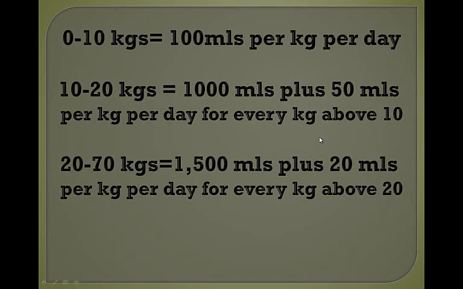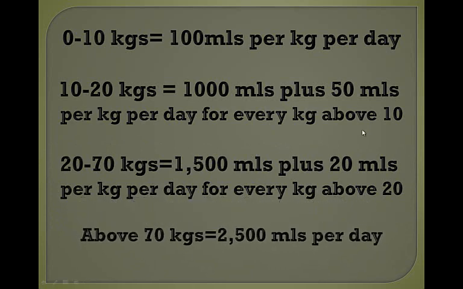So 40 is 20 kilograms above 20, so you take 1,500 plus 20 times 20, and that would be 1,900 milliliters. Keep in mind always that this is a daily fluid requirement. In order to figure out what an hourly rate would be, you would need to divide that by 24, the hours in the day. Finally, on any patient above 70 kilograms, the physician will order 2,500 milliliters per day, and that is an adult requirement.